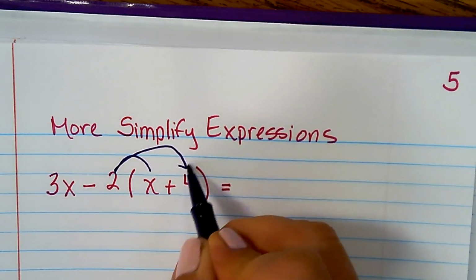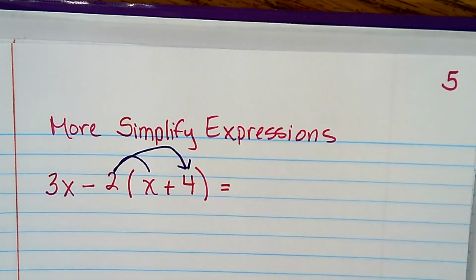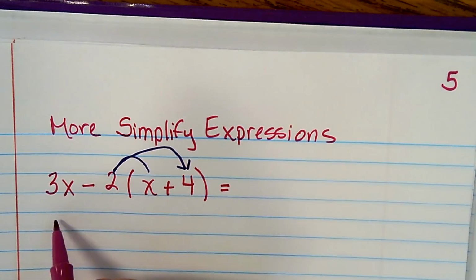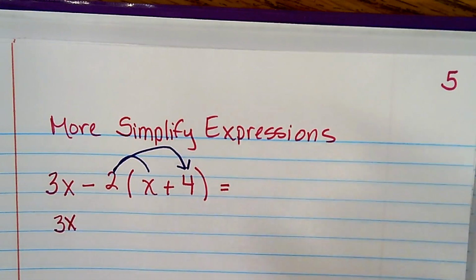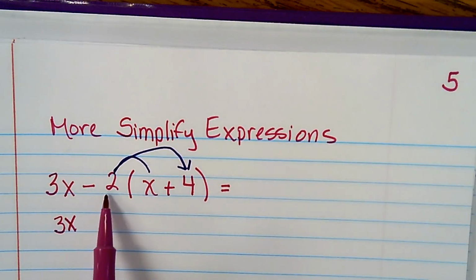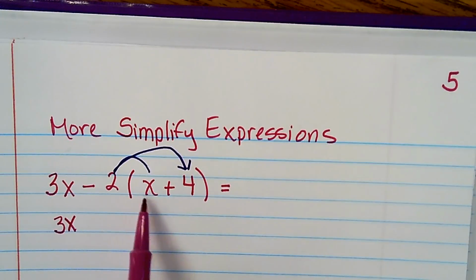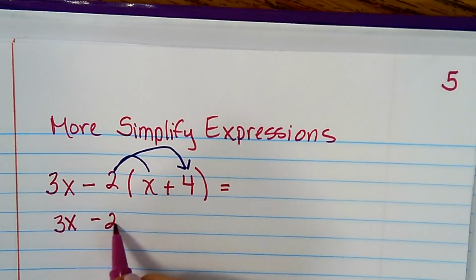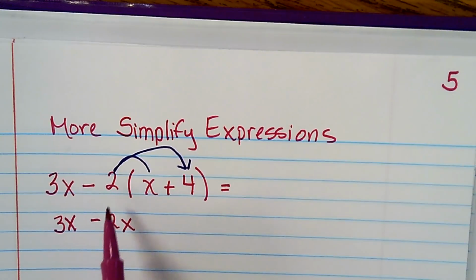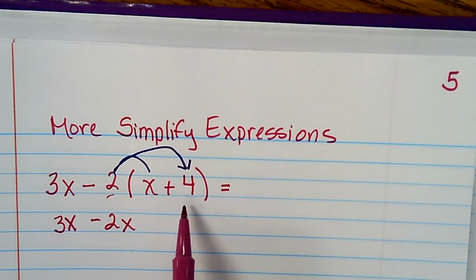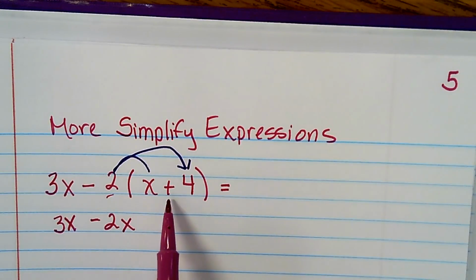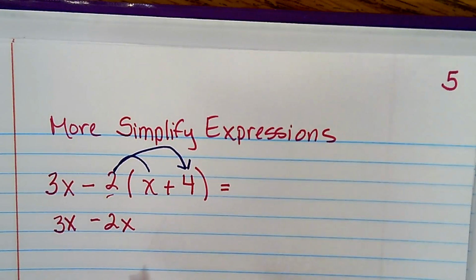Are we distributing a positive 2 or a negative 2? Negative 2. So this is going to just bring the 3x down. And then negative 2 times x is negative 2x. Negative 2 times positive 4: negative times positive is a negative, and 2 times 4 is 8.